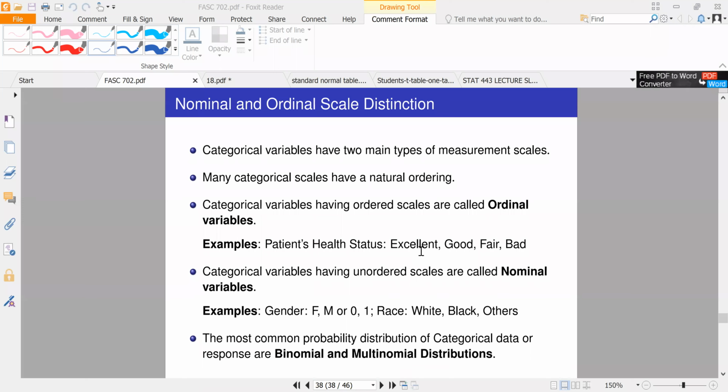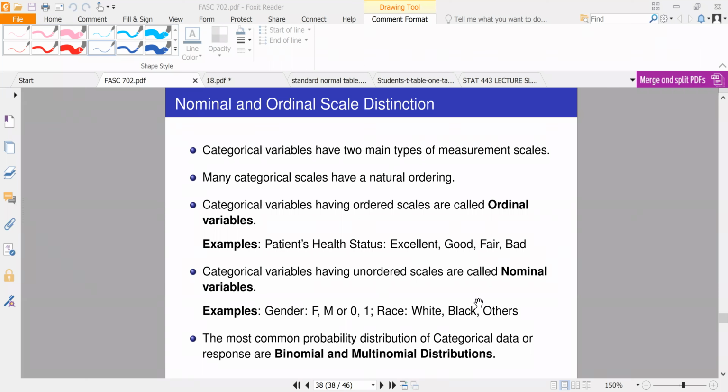So in that particular case, you assign your measurements values so that if someone ticks 1, you know it's bad. If someone ticks 4, you know it's excellent, and such things. That is the kind of categorical variable that we are talking about.